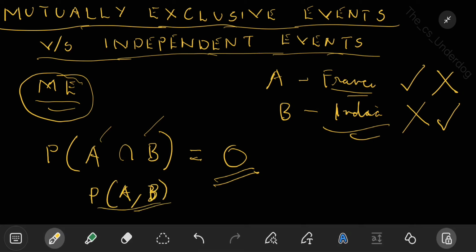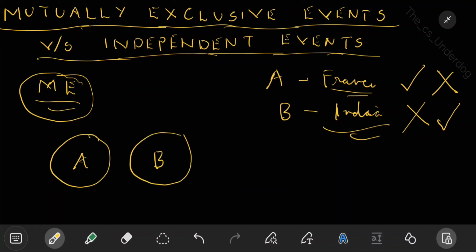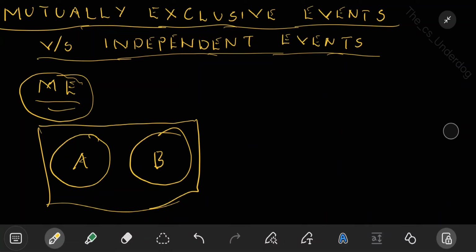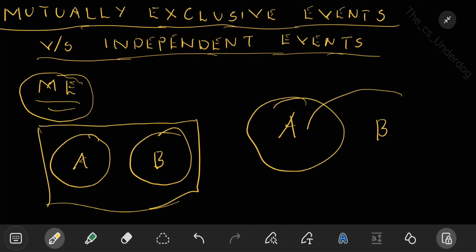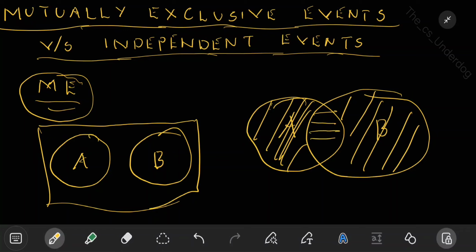Both these are one and the same. This just means probability of A and B occurring together. So any two events for which both of them cannot occur together, or pictorially if you want to represent, if this is an event A and this is an event B and there is no intersection between A and B, that means both of these cannot occur together, then they are mutually exclusive. Normally if you draw two events, if this is A, then this will be B, which means either A can occur alone or B can occur alone, or A and B can occur together.